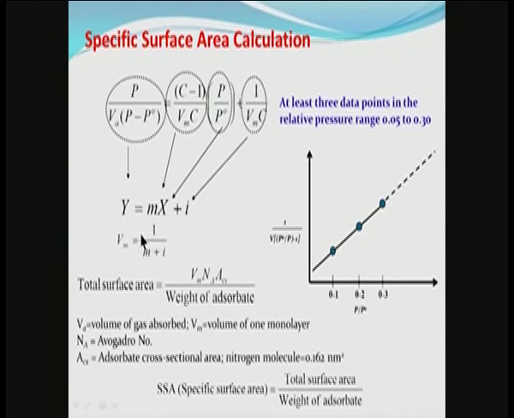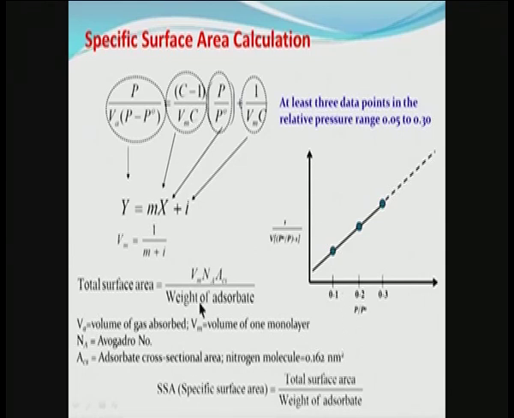So, we get Vm, that is the volume of the gas over here, and Na is the Avogadro number. ACS is the adsorbate cross sectional area, that is the molecular cross sectional area of the adsorbate, which is typically nitrogen and is therefore 0.162 nanometer squared.